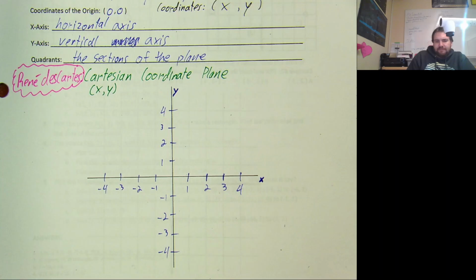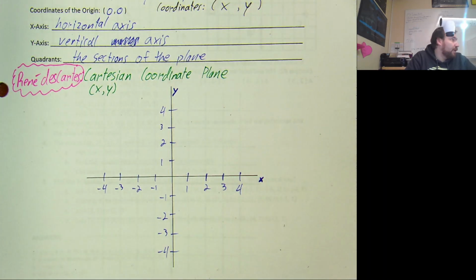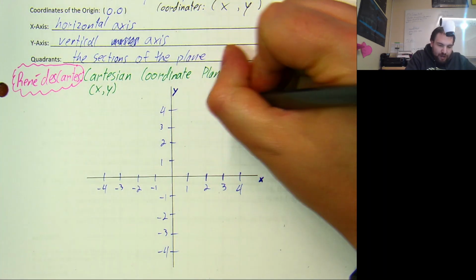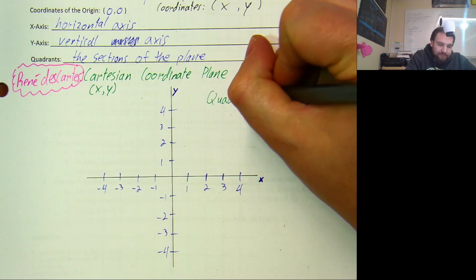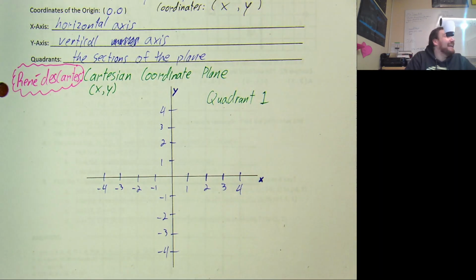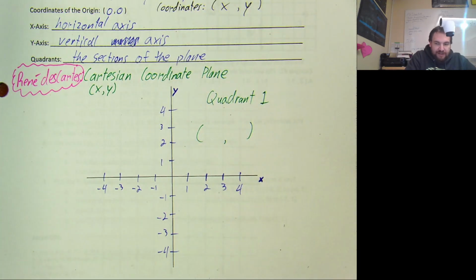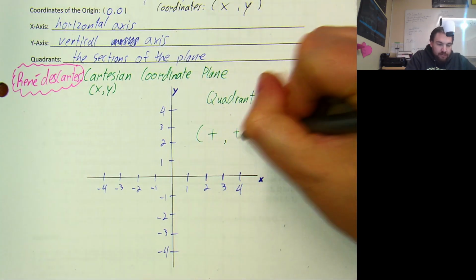So there's my grid, my plane. Actually not typically, this is how we label the quadrants. We say this is quadrant 1. And in quadrant 1, you've got a set of coordinates that are all positive.